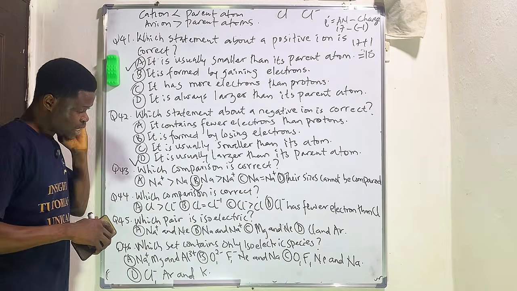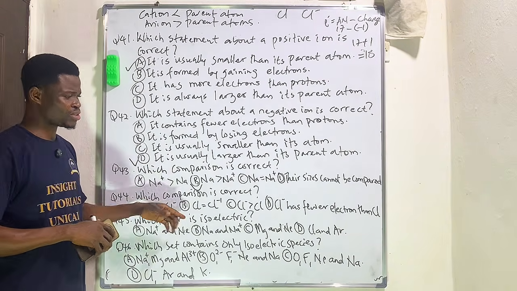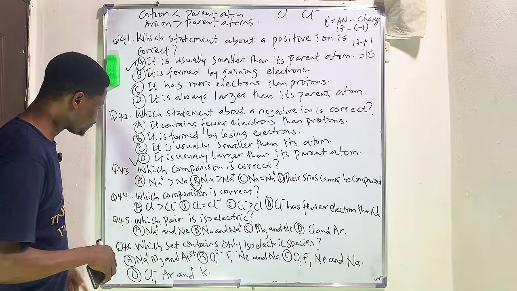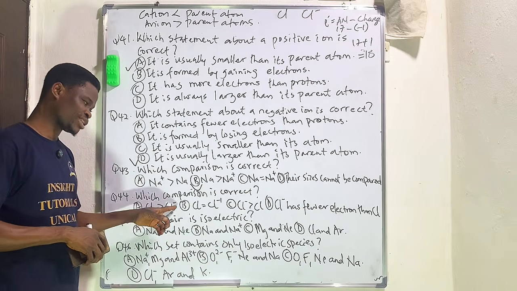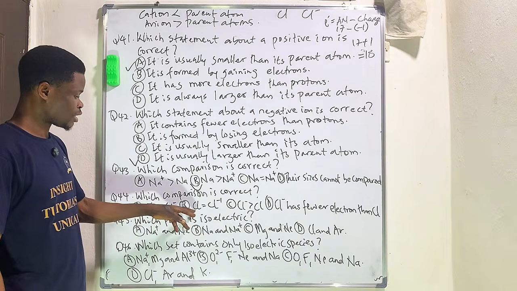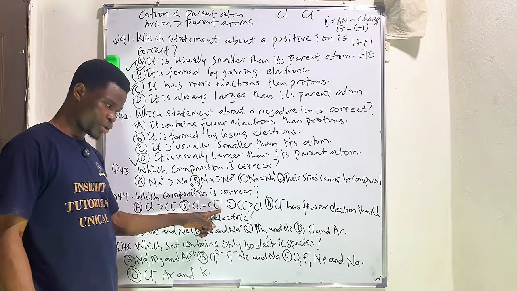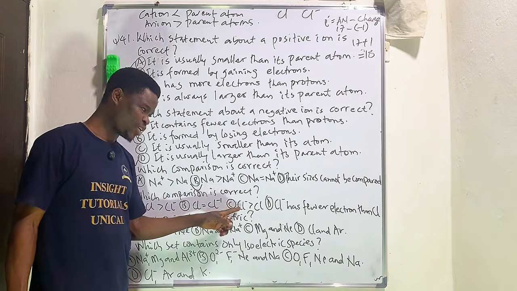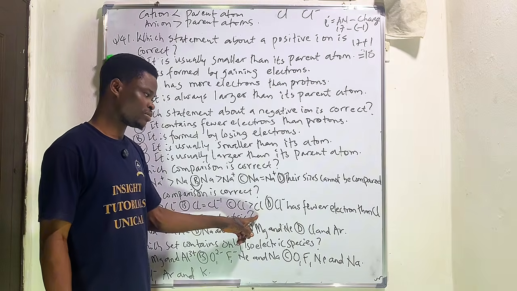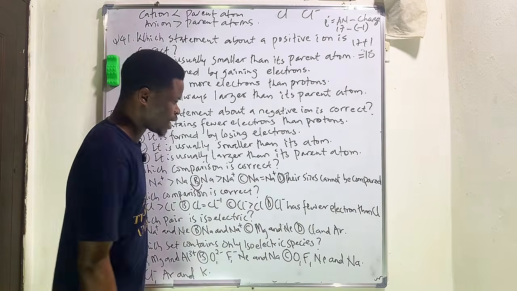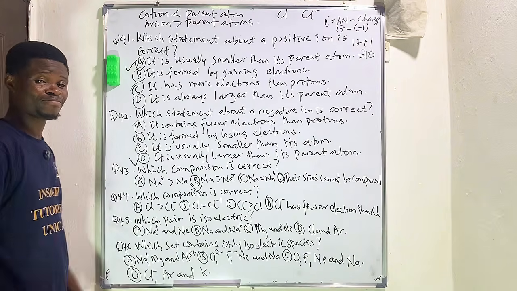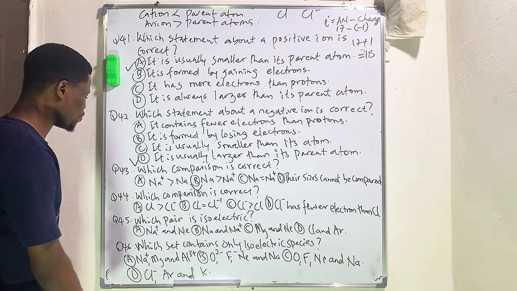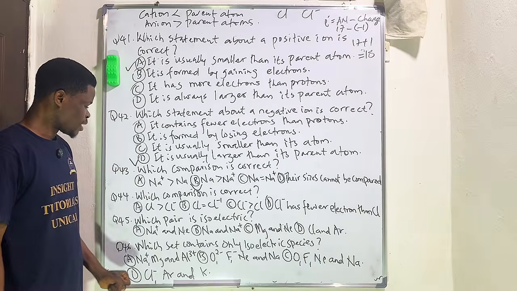Very important. The next question says, which comparison is correct? Chlorine atom is greater than chlorine ion. Chlorine atom is equal to chlorine ion. Chlorine ion is greater than chlorine atom. Chlorine ion has fewer electrons than chlorine. Which option do you think is correct? I believe you've chosen the right answer.